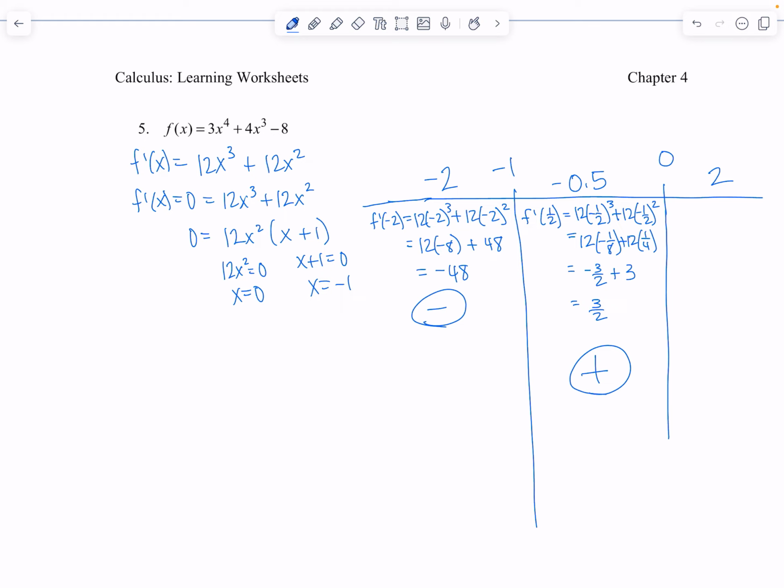And then f prime of 2: 12 times 2 cubed plus 12 times 2 squared. 8, 4, 144, positive.